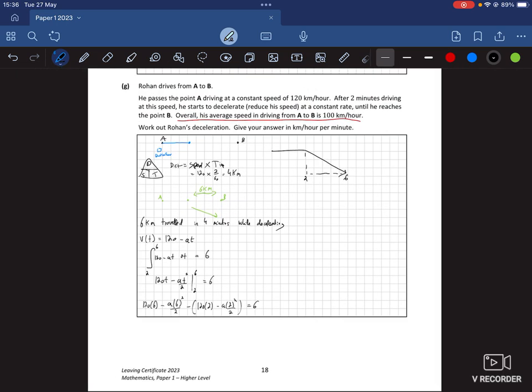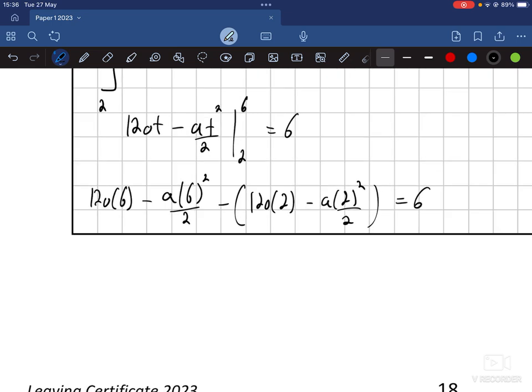That's equal to 6. It doesn't seem like they gave enough room for this.